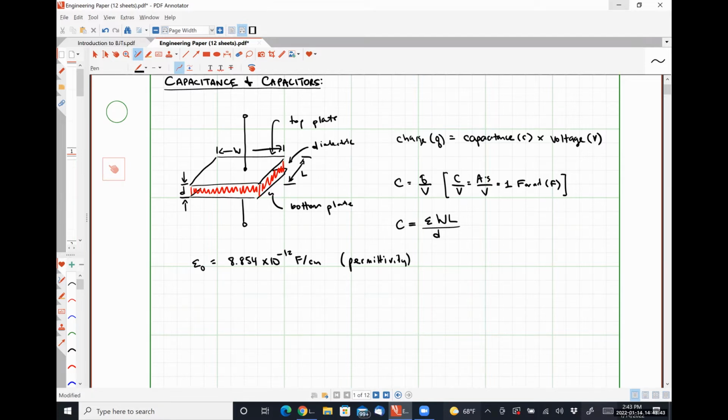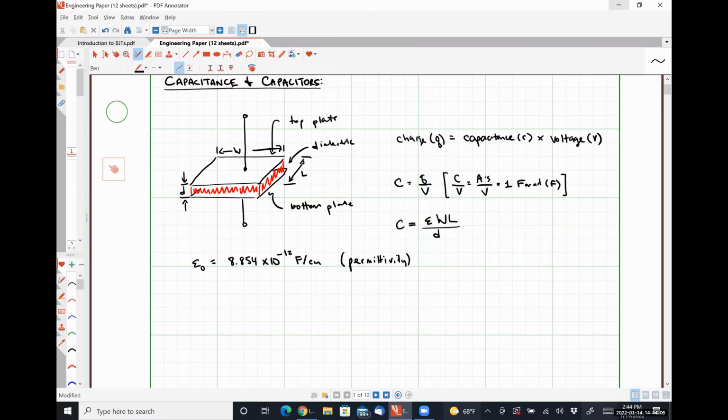All materials are measured with that permittivity as a reference, okay? So air has a permittivity of like 1.001 times epsilon naught. So air behaves almost exactly the same as a vacuum would, all right?